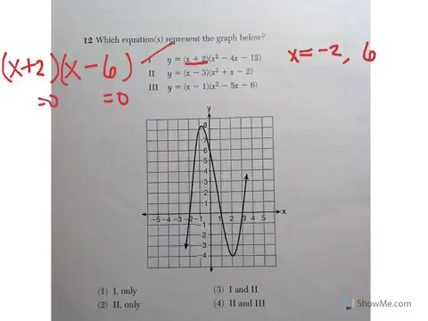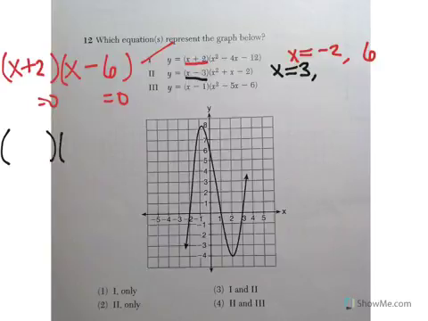Let's try choice 2. Choice 2 says x minus 3, so that means one of my roots is going to be a positive 3. Remember, I set this equal to 0. And my other roots come from this x squared plus x minus 2.